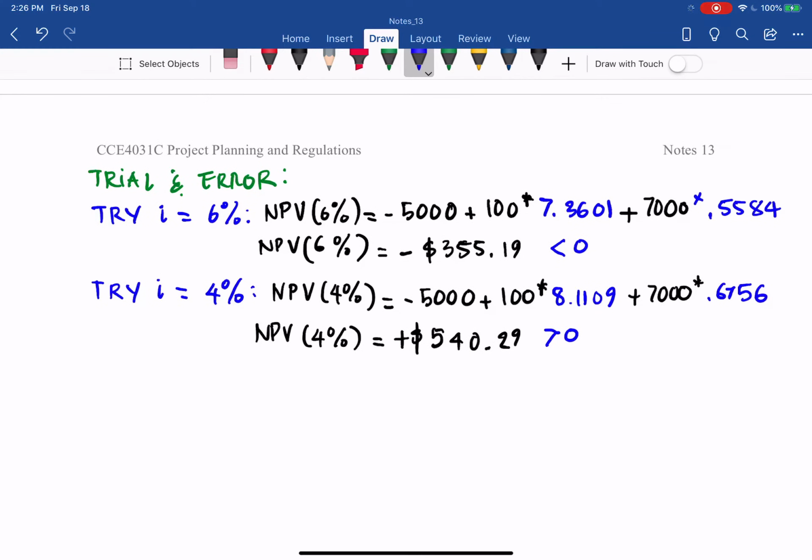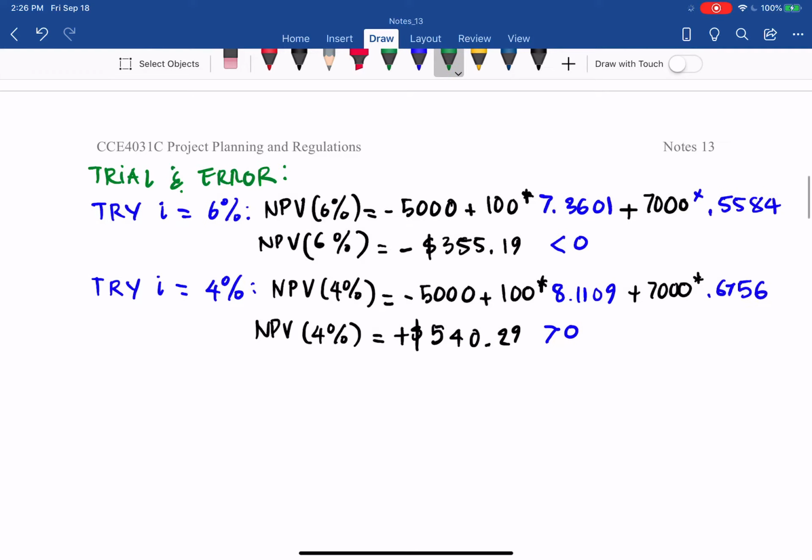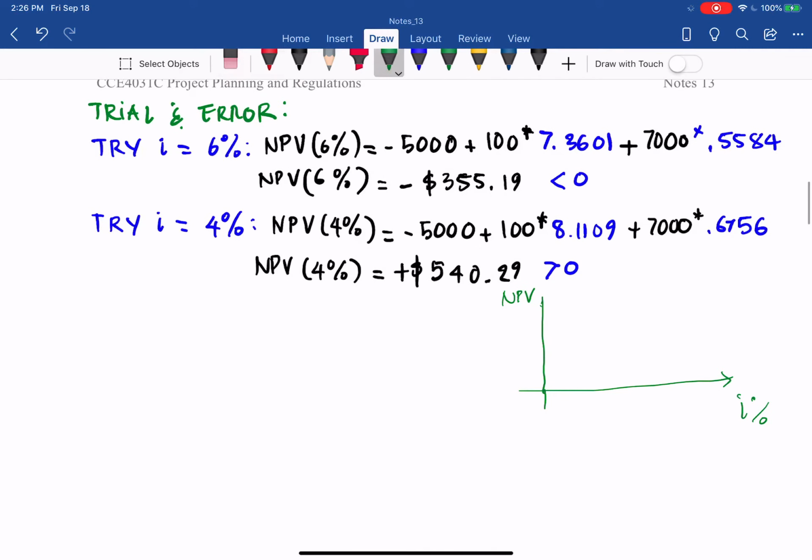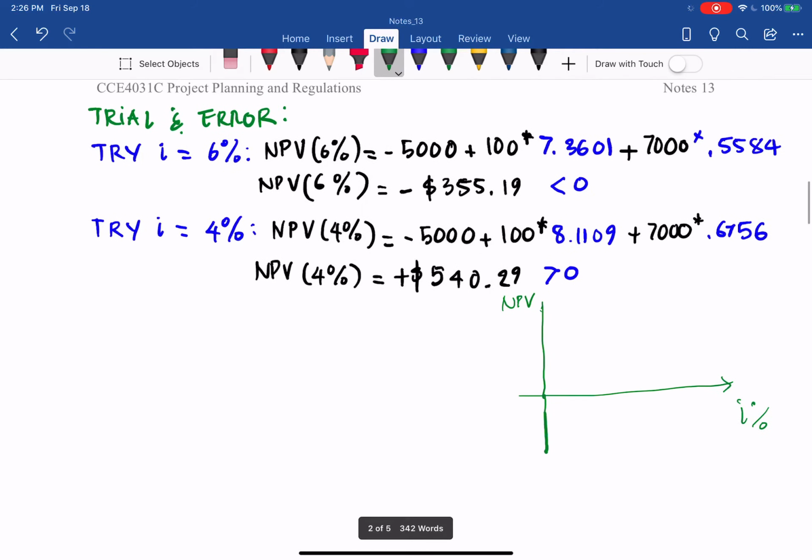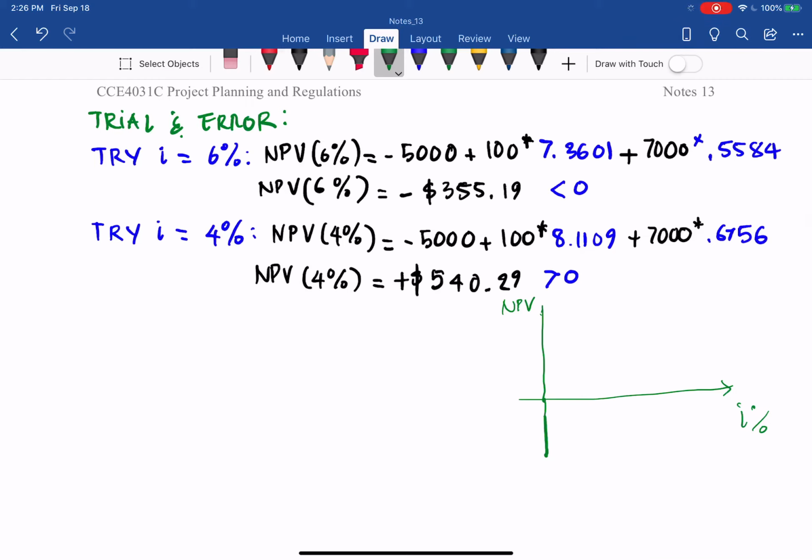So first try, second try, one positive, one negative. As you can see, what does that mean? Here, if we draw the I percent and then the NPV, what do we have? With 4% and 6%, we have 4% equal to 540.